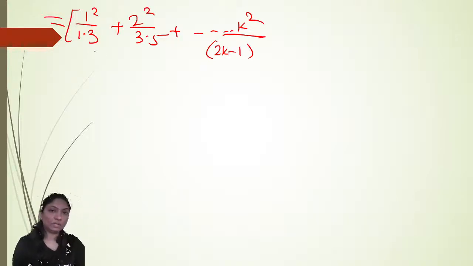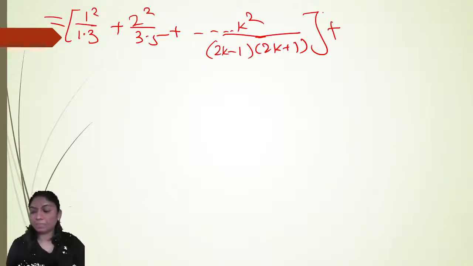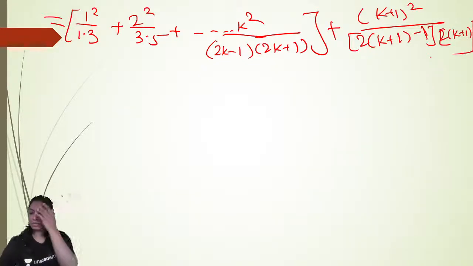1 square upon 1 into 3 plus 2 square upon 3 into 5 and so on, k square upon (2k minus 1) into (2k plus 1), plus (k plus 1) square upon (2(k plus 1) minus 1) into (2(k plus 1) plus 1), right?